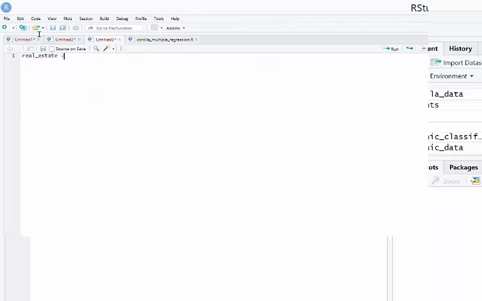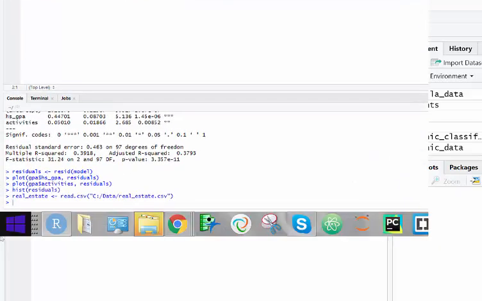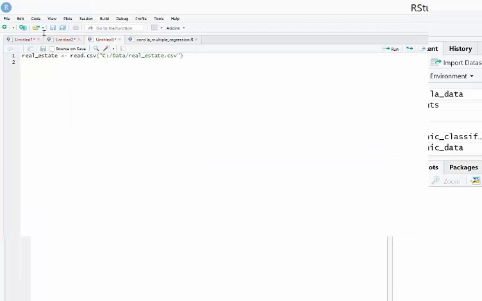That's how I'm going to call it. And that would be read.csv, right? And the file is located on drive C, folder data, and it's called real_estate.csv. Alright, so the file should give you no issues.